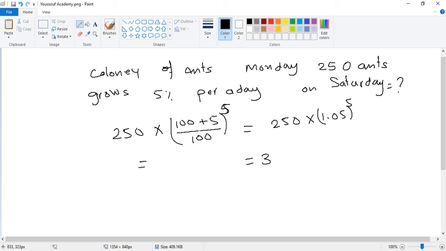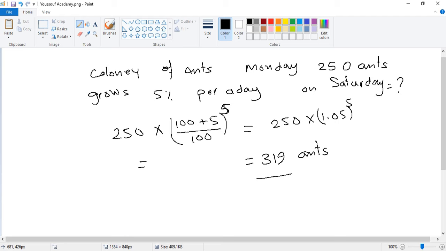It's 319 ants because there is no decimal ants. So that is, on Saturday, the number of ants in Mr. Murphy's shed. It will be 319 ants.